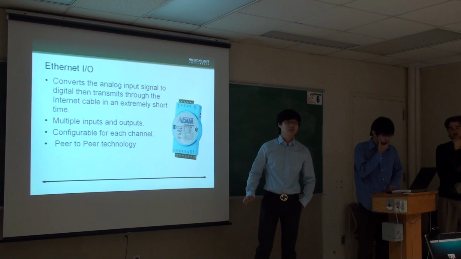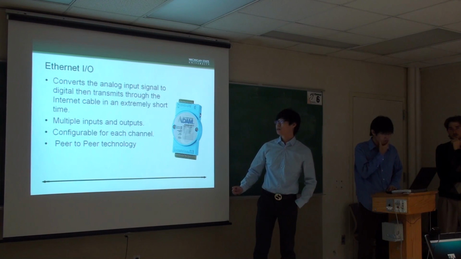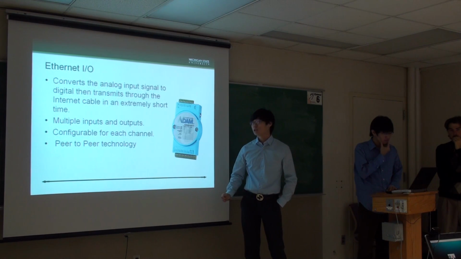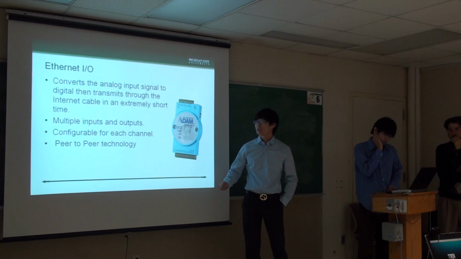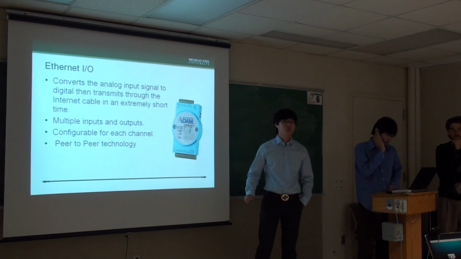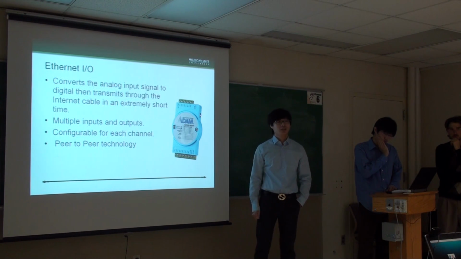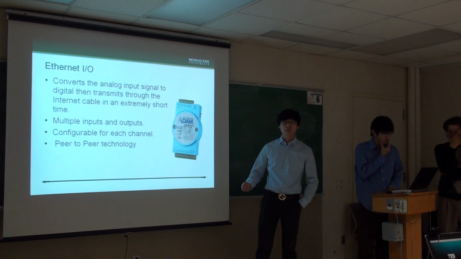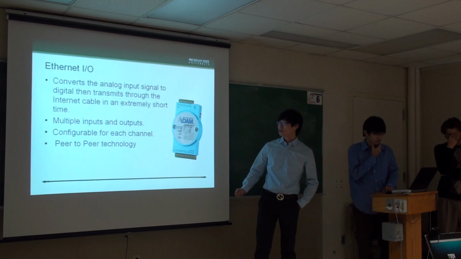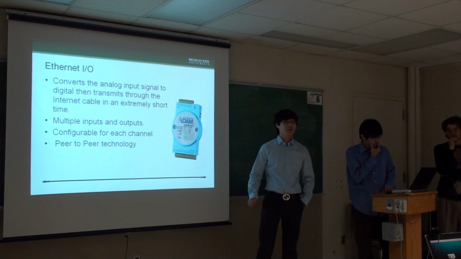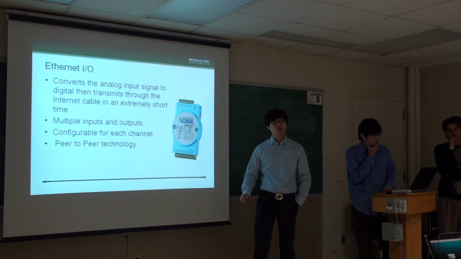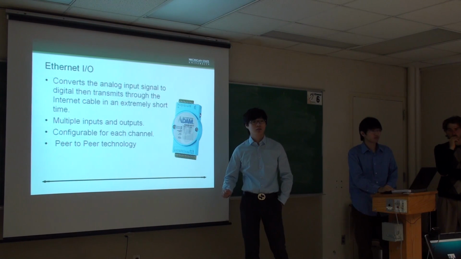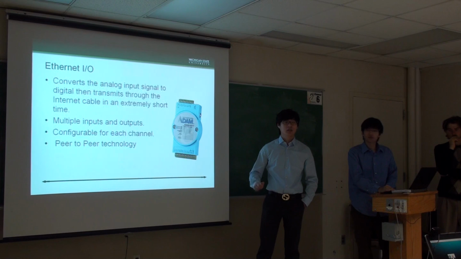The communication speed is around 10 to 100 megabytes per second, and it has 8 analog inputs and 2 digital outputs. Each channel can be configured by the software, and it's also empowered by peer-to-peer technology. So we can configure the IP address, use a computer, and they will connect to each other.